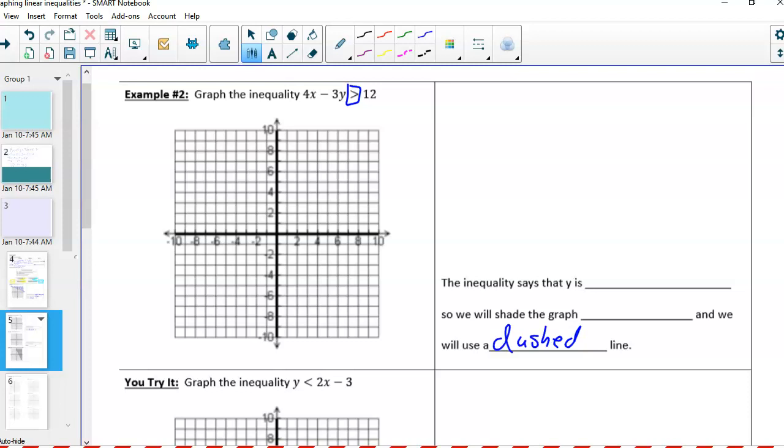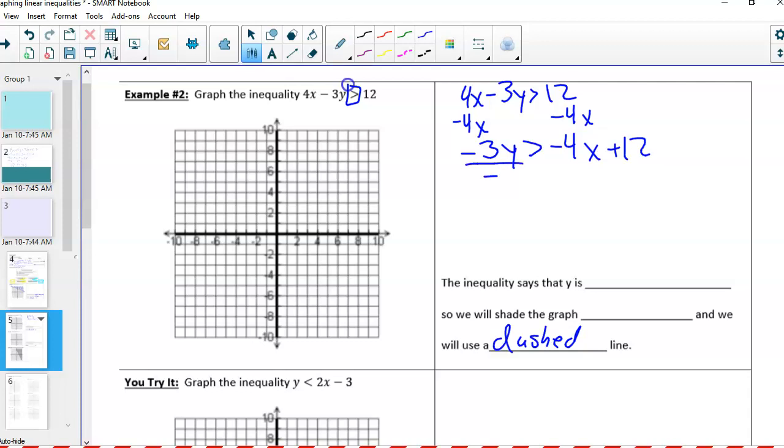We need to solve it. How would we solve this? Subtract 4x on both sides. We have negative 3y is greater than negative 4x plus 12. I'm switching those so it's in slope-intercept form. And then, what happens when we divide by a negative?